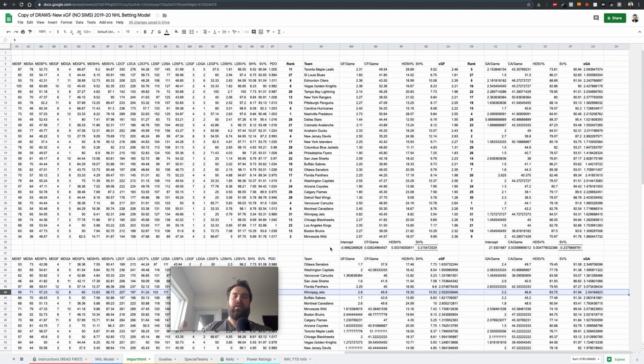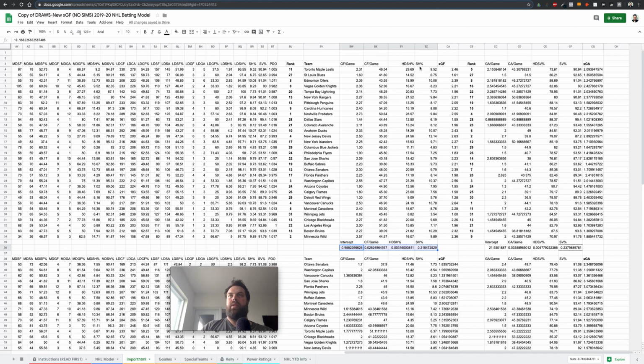The key with that is not going back too far, but having a large enough data set that it's meaningful. So I went back to the 2018-2019 season. That gives us 2 full seasons, and then whatever, when I had done this, about 10 or 15 games total for this year. I've built those using the linear regression.